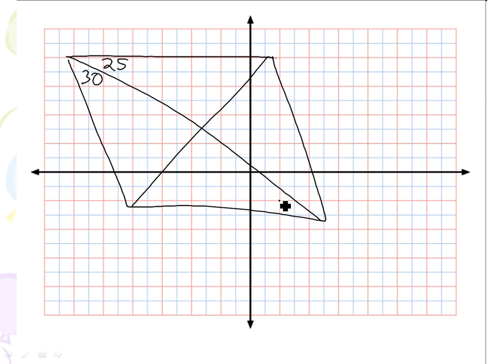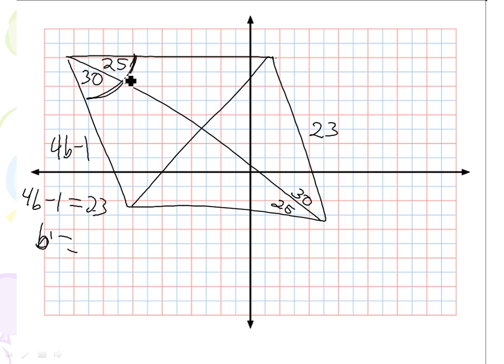What's this angle right here then? 25, what's this one? 30. This is 4b minus 1. This over here is 23. What equation can we set up to solve for b? Somebody could solve that and tell us what b is here in a minute if you want. B equals whatever.